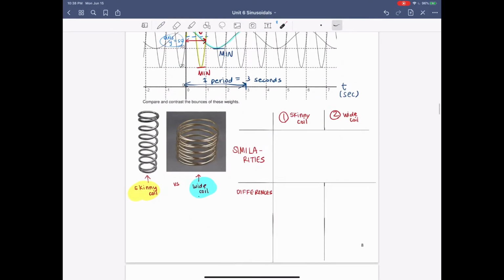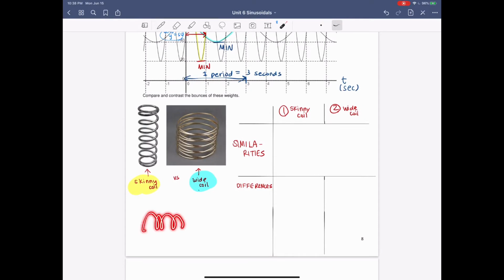So think about how a coil works. If you have a skinny coil, right, it's going to bounce rapidly. Think about one of those shoes with the springs. If it's very skinny springs, it's going to go up and down really fast. That's one way to think about it. Whereas when I anticipate a large, long coil with a larger radius, it's going to be more stable and go more slowly as it opens up, and then it becomes skinny again.